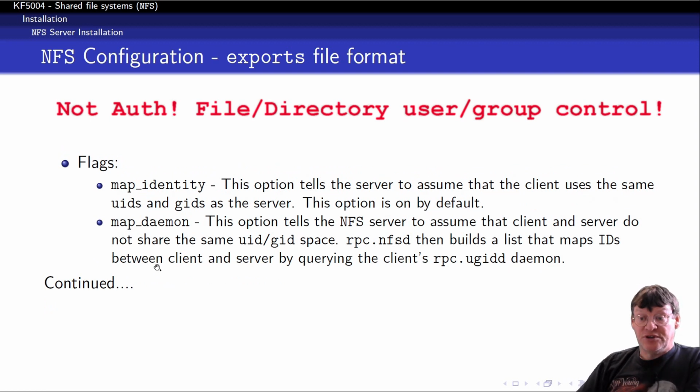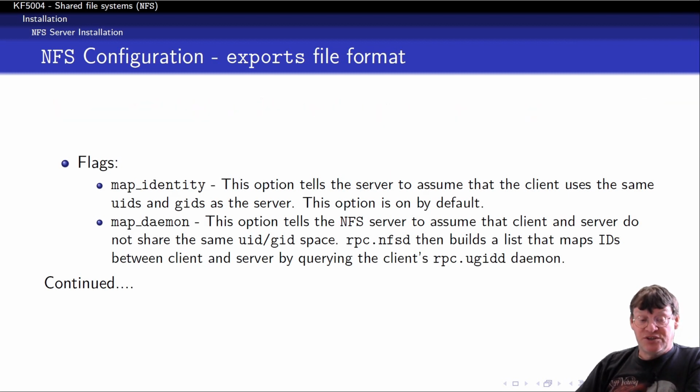We've also got alternative authentication mechanisms with map identity, whereby what you can do is the user IDs and the group IDs between the server and the clients are synchronized. And what will happen then is whatever account you attach with, that is the actual account ID that would be allocated to the servers. And the other one is, it is possible if the user IDs and group IDs are not synchronized between machines, you can use a map daemon.